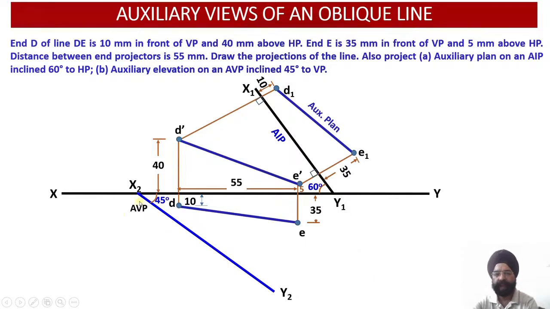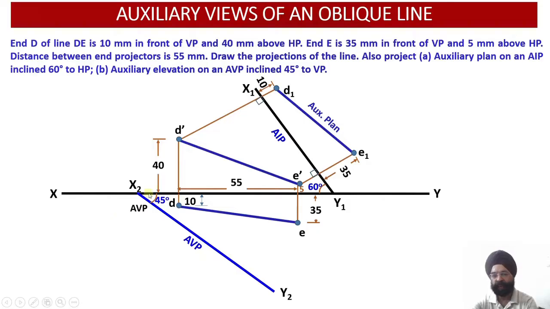So here you see, I have drawn an AVP in this orientation at 45 degree, assuming that the observer is looking at this line from this orientation, and the bulk of the view will be observed by the observer over here. So the length of the line which will be visible or apparent to the observer will be very large as compared to the position if the observer had been viewing this line from this orientation.